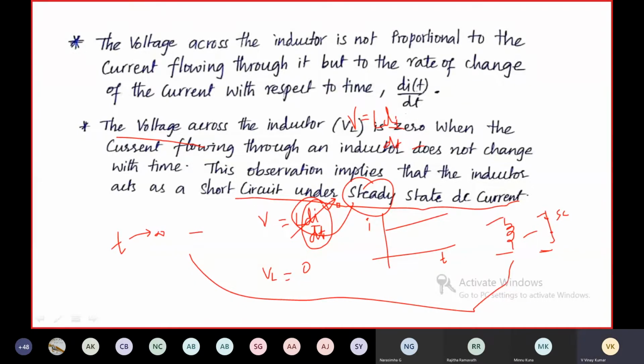This statement is true at steady state. That's why the inductor acts as a short circuit under steady state DC current.